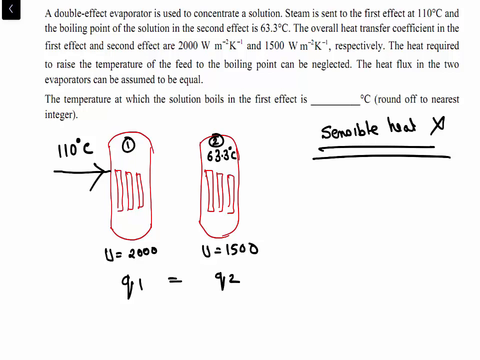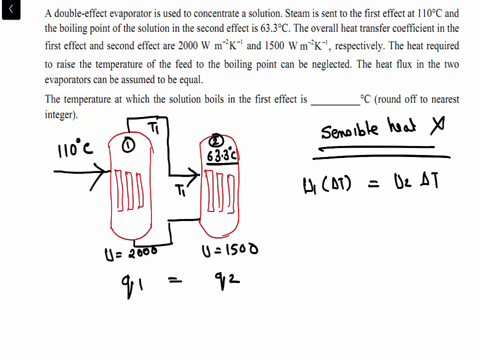Flux means anything divided by area, so U1 ΔT equals U2 ΔT. Here the vapors go and act as steam for the second one, at some temperature T1, and then the boiling point is 63.3 degrees centigrade. At the bottom, thick liquor will go out.